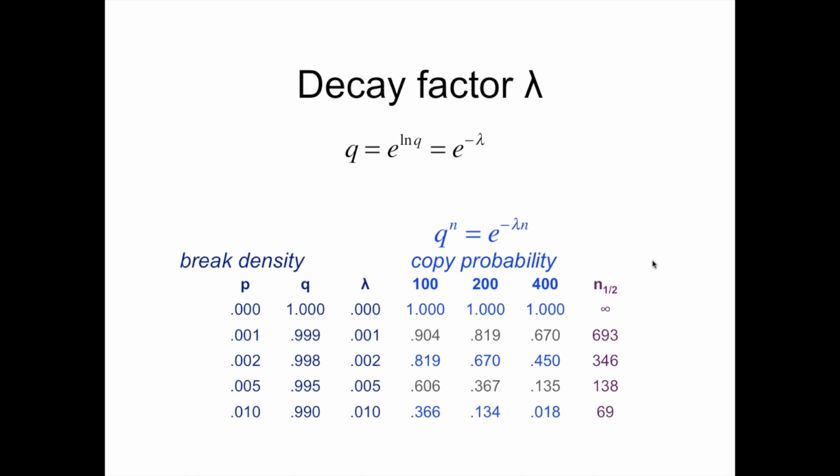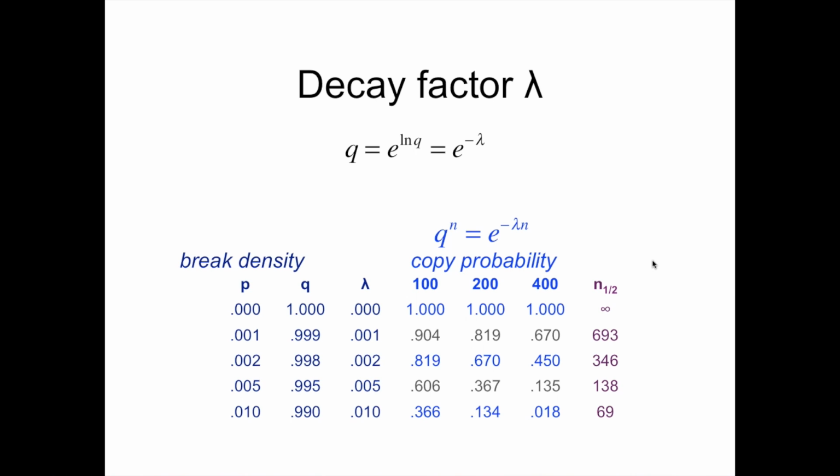So that's the point at which half the DNA is gone. In the third row, with a 2 in 1,000 break density, lambda, the decay factor, is the same as P, 2 in 1,000. And the copying probability now starts getting lower, from 0.18 with 100 base pairs, 0.670 with 200, down to less than a half, 0.45 at 400 base pair. And at this point, the half length is 346.